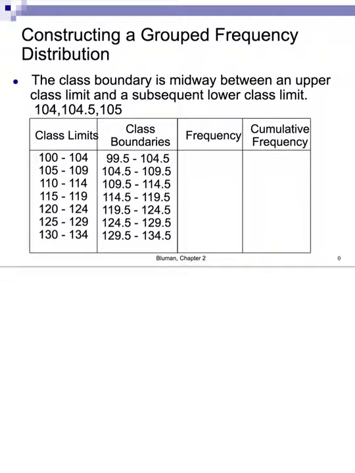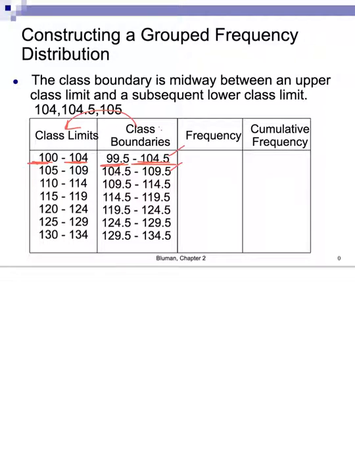Okay, so now what we did was we went through and we filled in the class boundaries for each one. Like I said, this should be going out one more decimal place than with the class limits. So we want to go a little bit before and a little bit after. So a little bit before 100 would be 99.5. A little bit after 104 would be 104.5.